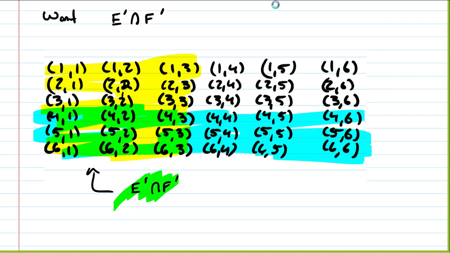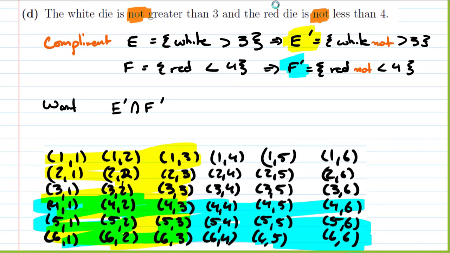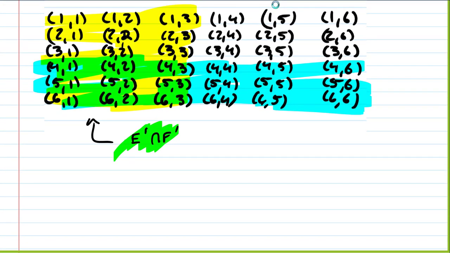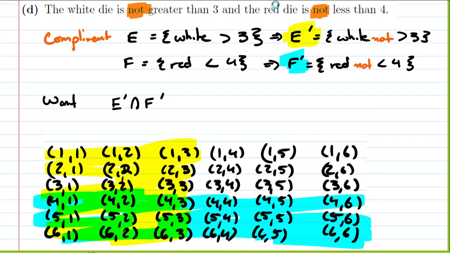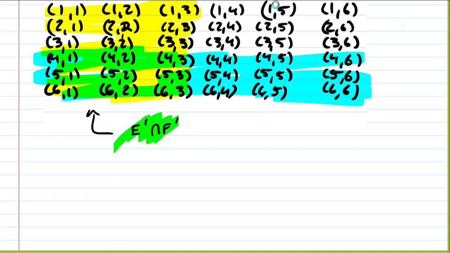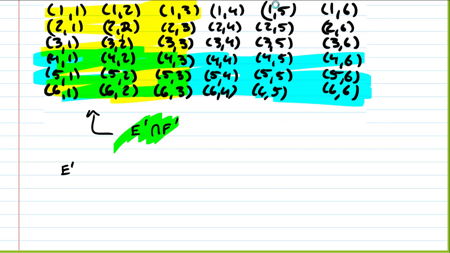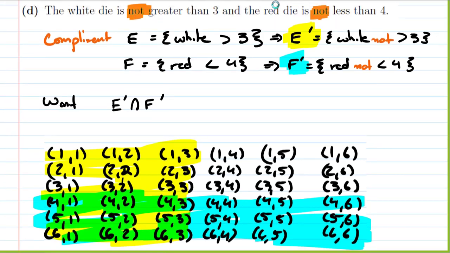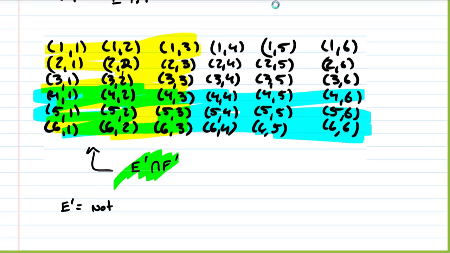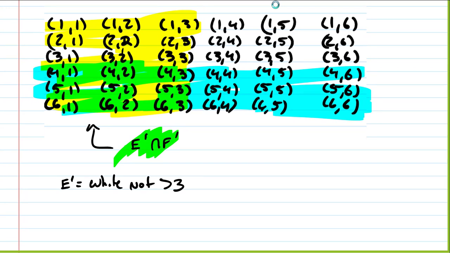So we could rephrase each of these things and we'll see that we get the same thing. White is not greater than 3 is the same as white is less than or equal to 3, right?